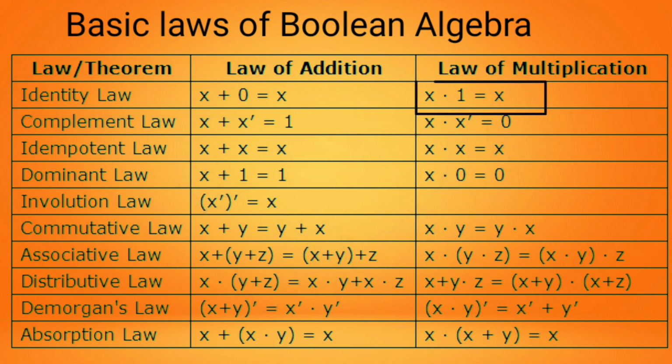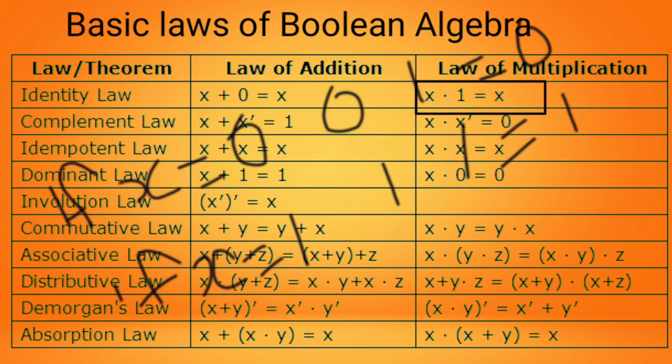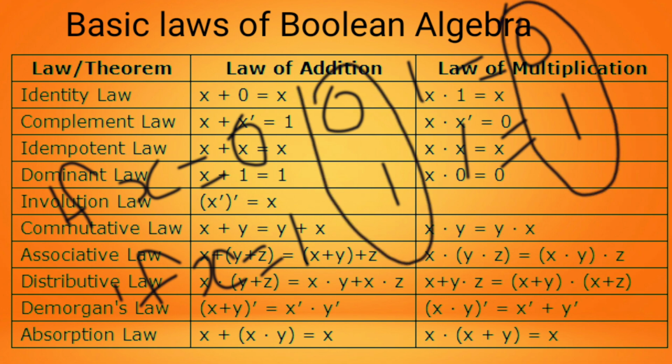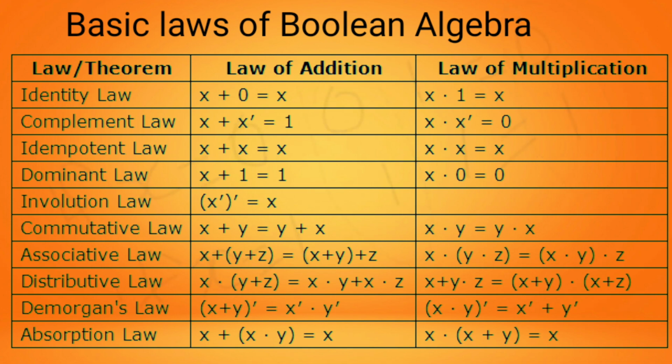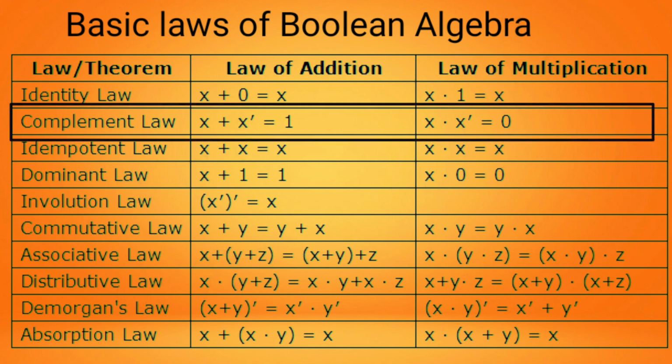Similarly, x dot 1 equal to x. If x equal to 0, 0 dot 1 equal to 0. If x equal to 1, 1 dot 1 equal to 1. That is, whatever value x is taking, that is coming into the output. Next is complement law. X plus x dash equal to 1.